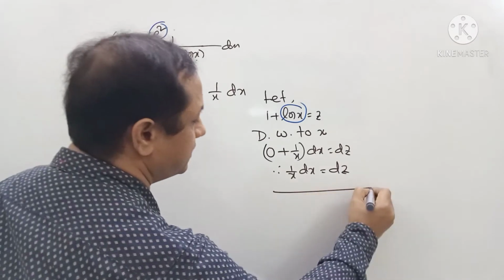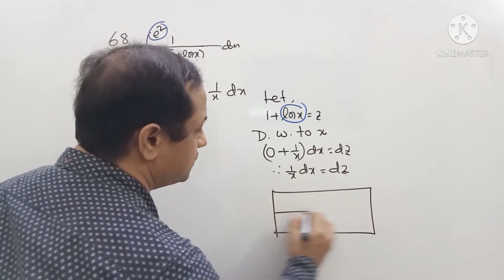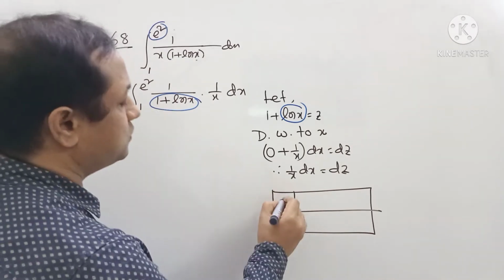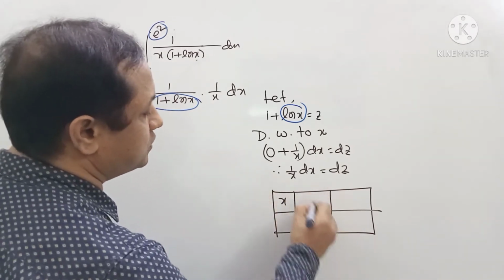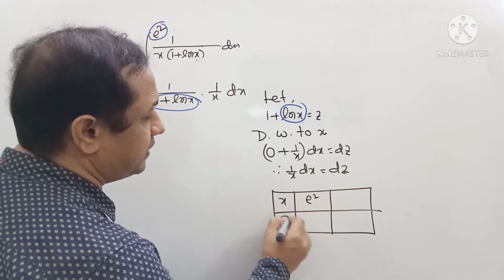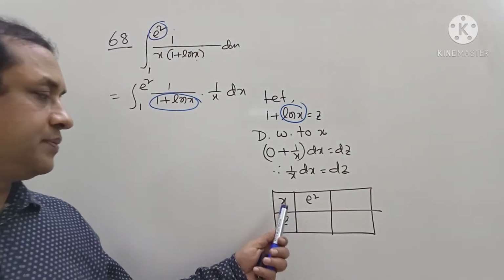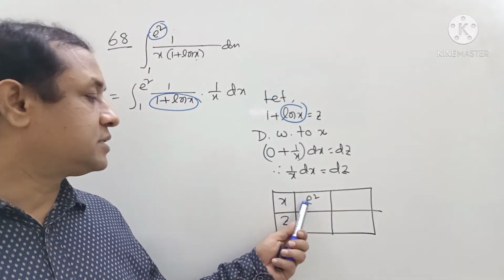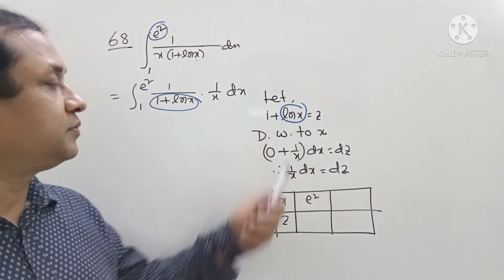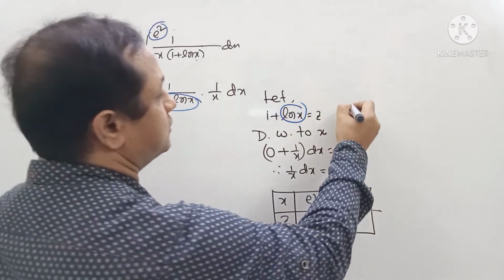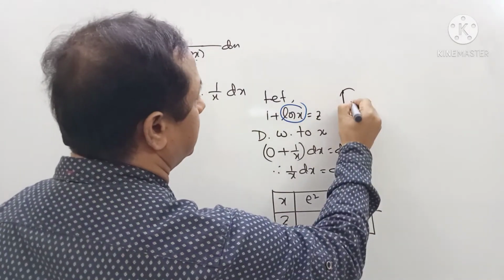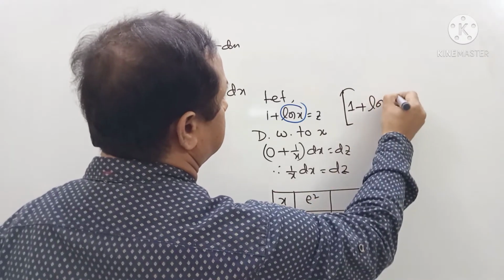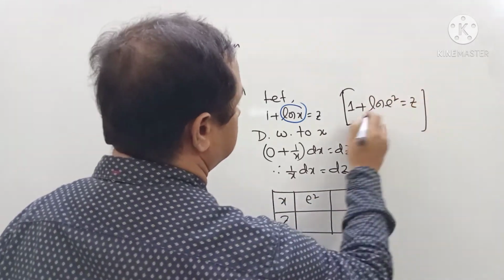Now change the limits, and here, student, it is an important condition. If x equals e square, then find the value of z. If x equals the upper limit e square, putting this value in the function, we have 1 plus ln e square equals z.